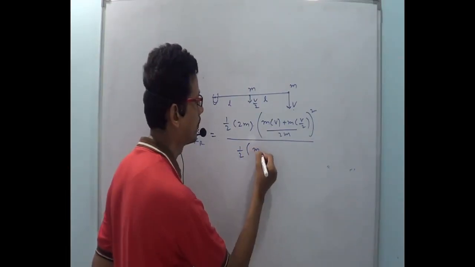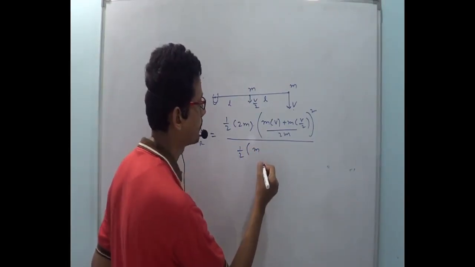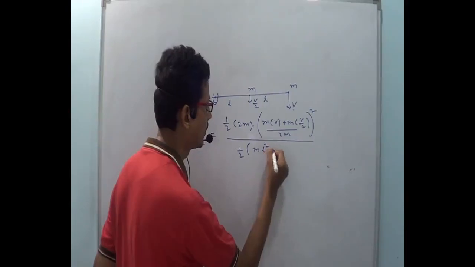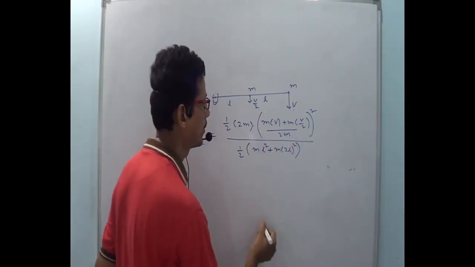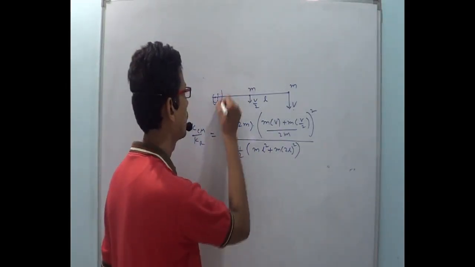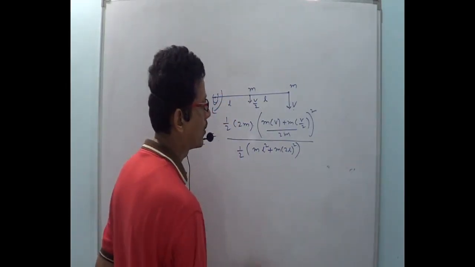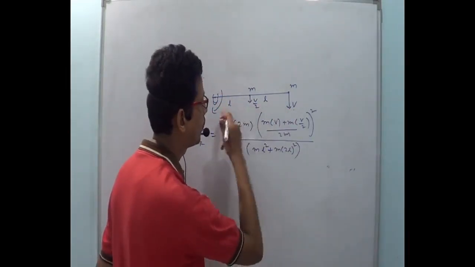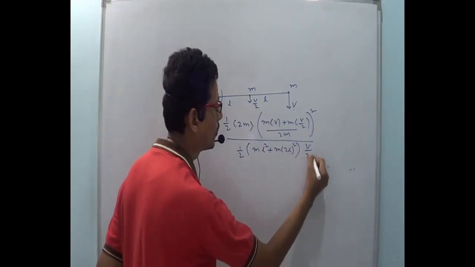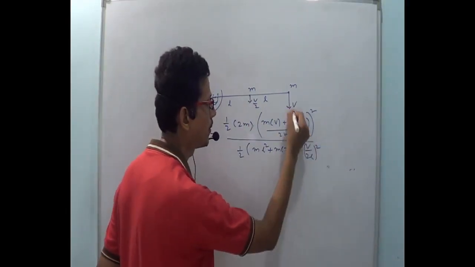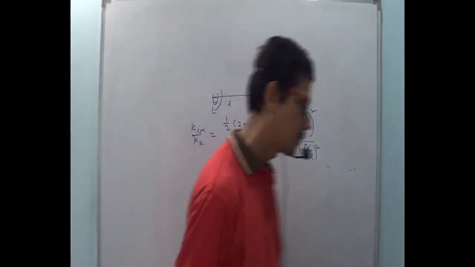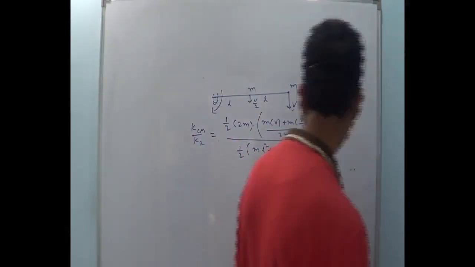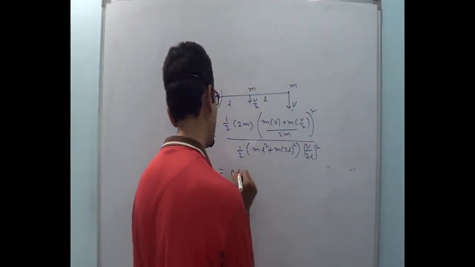What is I? ml square plus m into 2l whole square. This is the moment of inertia about the axis of rotation, into omega square. Omega square is nothing but (v by 2l) whole square. The speed of this is given. So from here you can find it out, and you'll get the answer as 0.9.